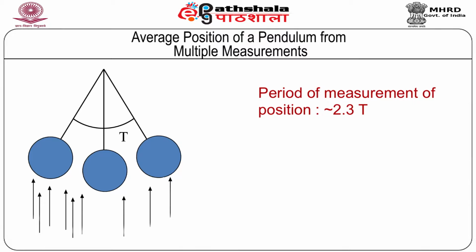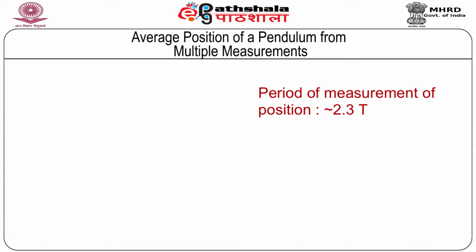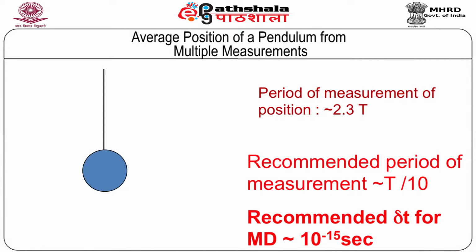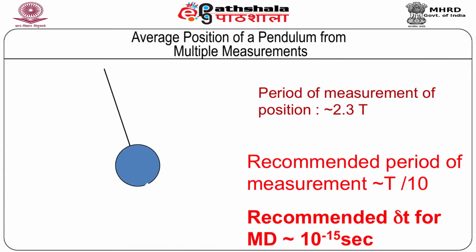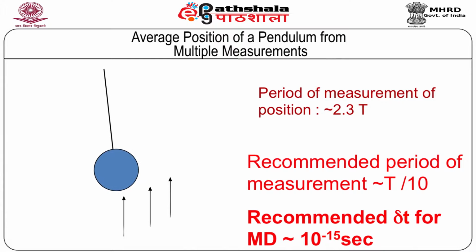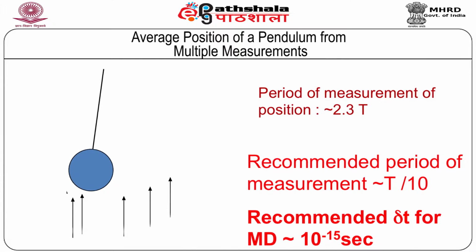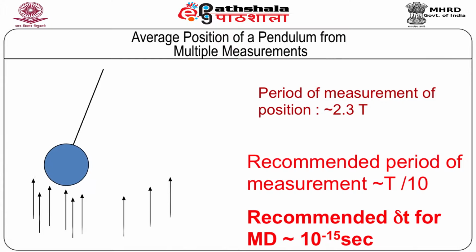If we had taken a better camera, which would allow me to click every 1/10 of a second, or 1/10 of one complete movement of the pendulum, we would not make such a mistake, because we would make one measurement here, the next measurement here, the next here, and so on.